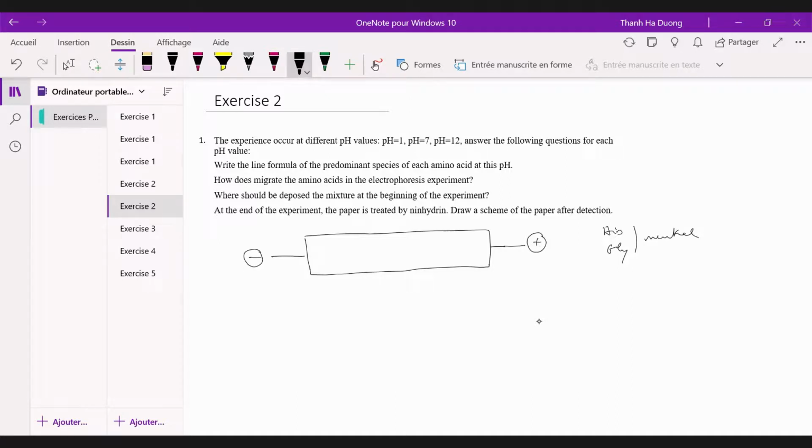So both amino acids don't migrate. Glutamate is negatively charged, and lysine is positively charged, at pH 7.